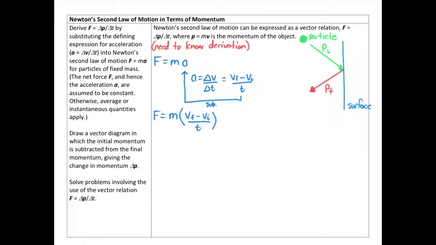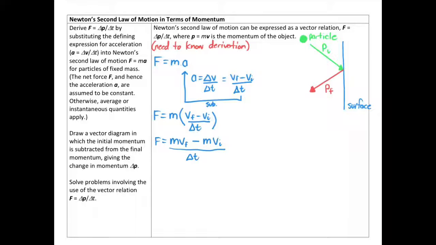So we've just written out this expression here a different way by substituting in the value for acceleration. If we expand that out, we get that force equals m Vf, so mass times the final velocity, minus mass times the initial velocity, and that is all divided by time. And I should have used here delta t. It's the change in time, which is the time of impact or the time the two bodies are in contact during the collision.